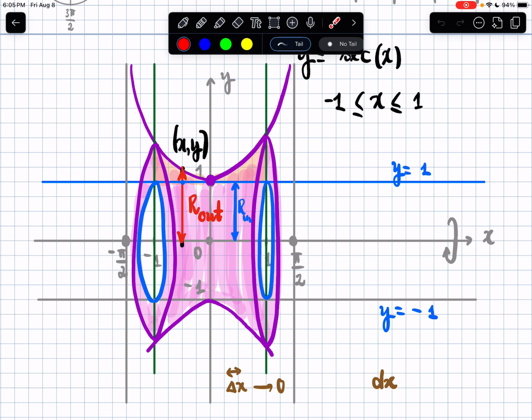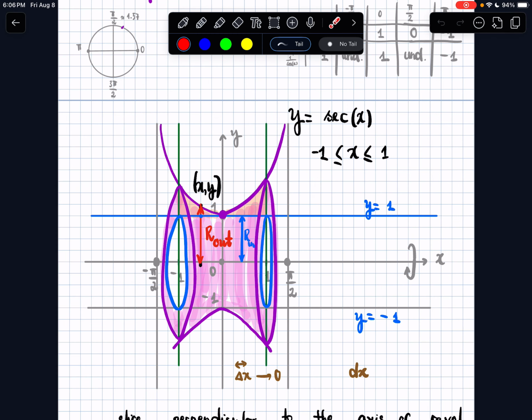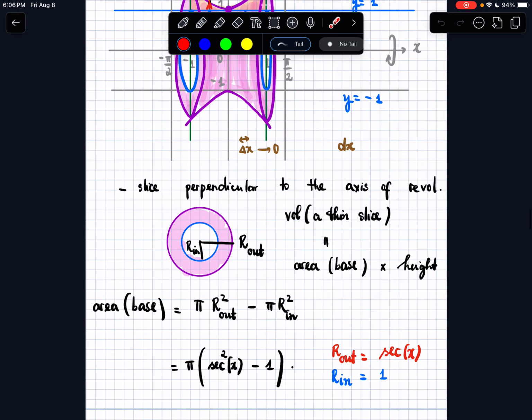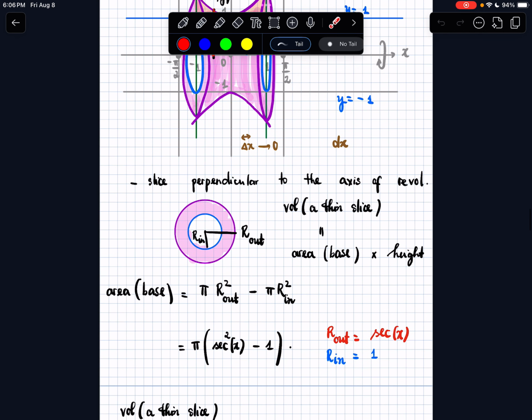So assume that this point has coordinates x, y. Then the length from 0 to y gives us the outer radius. And in our case, y equal to secant of x. So the outer radius is the secant of x.